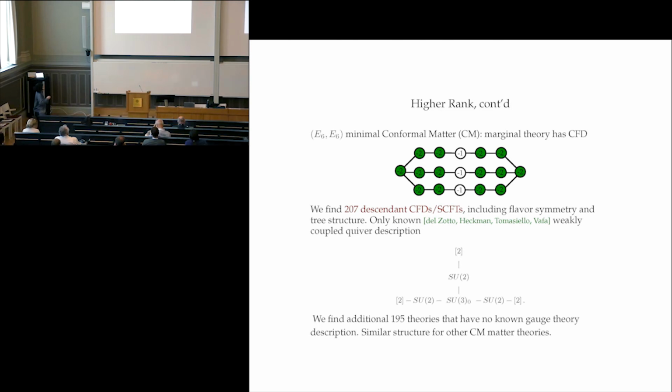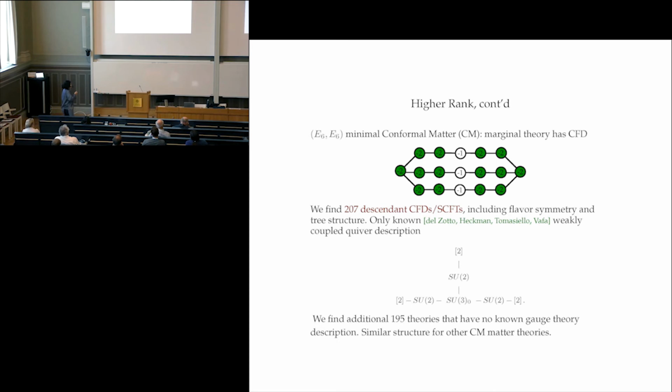There are 207 descendant CFTs. Of course, we want to not overcount these, so all the graph equivalences are taken out here. So one question is, can you actually match this to something, doing some weakly coupled quiver, or some other gauge theory calculation?